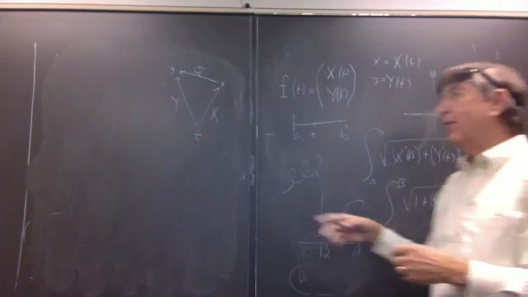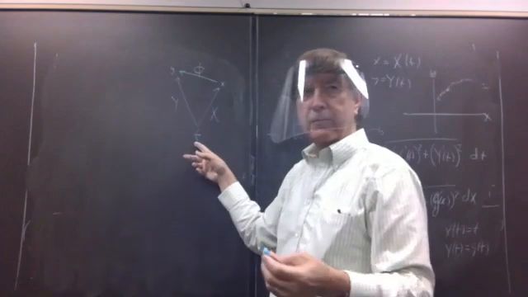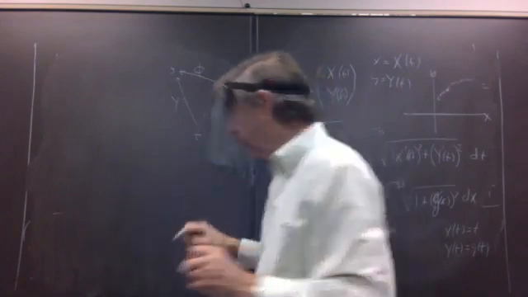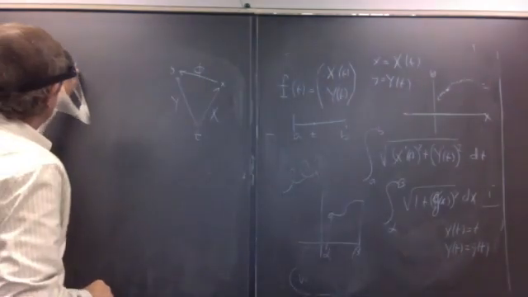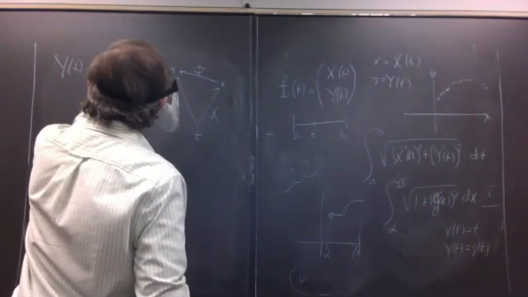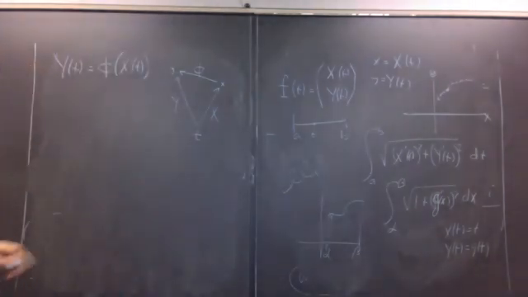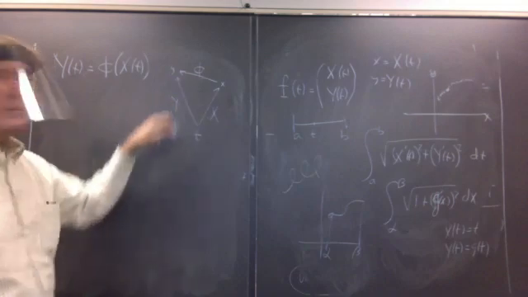Now we have a relationship between x and t and y and t. But maybe there's a relationship here, so let's suppose there is for a minute. So y of t, I'm going to assume, is phi of x of t. This basically says there's a relationship that connects them.